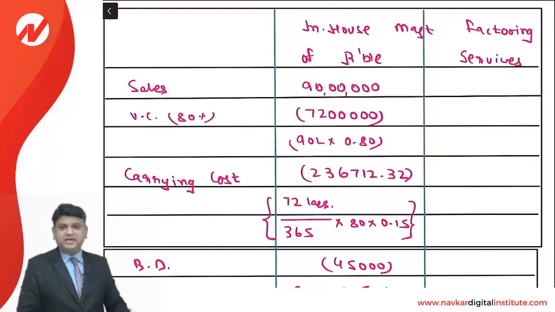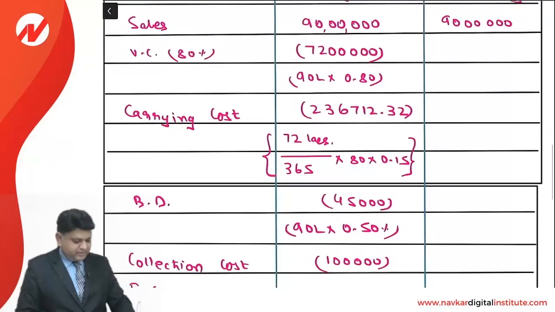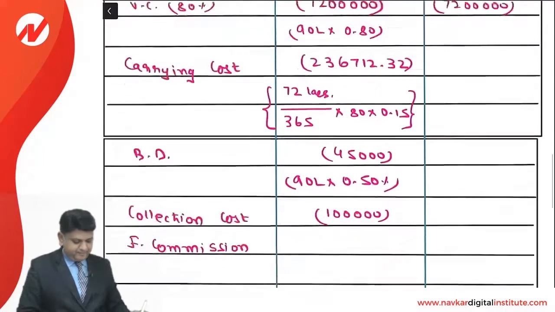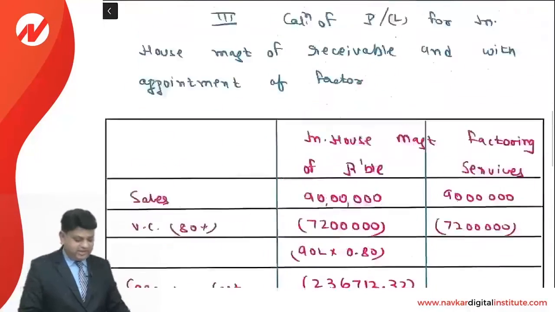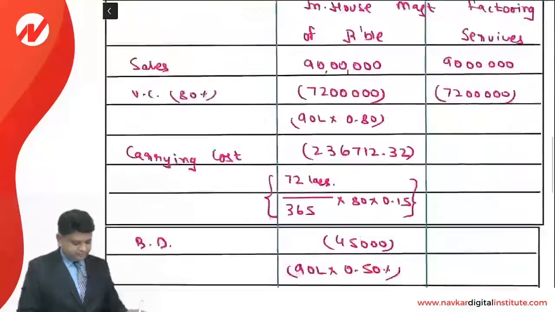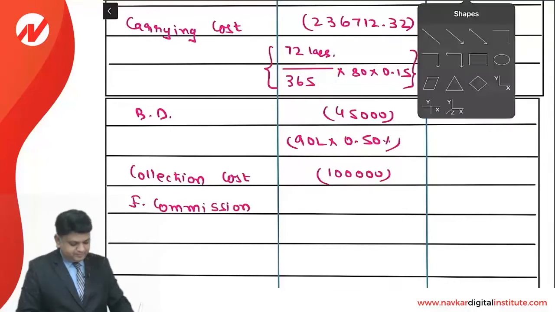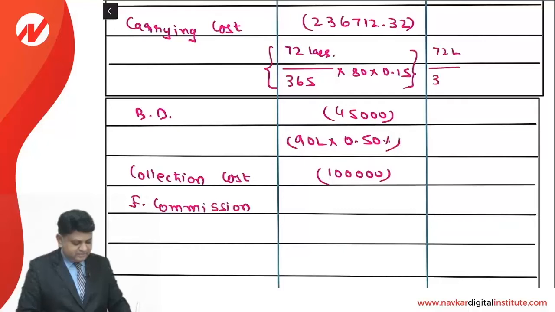Dear students, we have made an assumption that the sales value will remain the same, that is 90 lakhs. Variable cost will be 72 lakhs. Carrying cost will be calculated taking 60 days instead of 80 days. So it is 72 lakhs divided by 365, multiplying with 60 into 0.15.